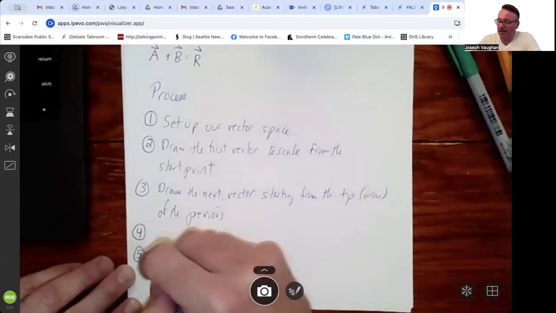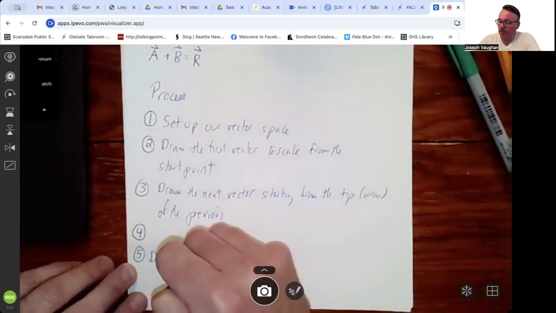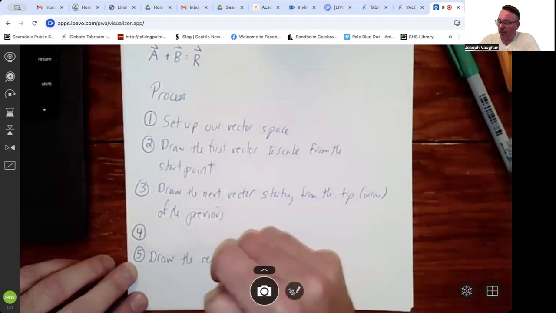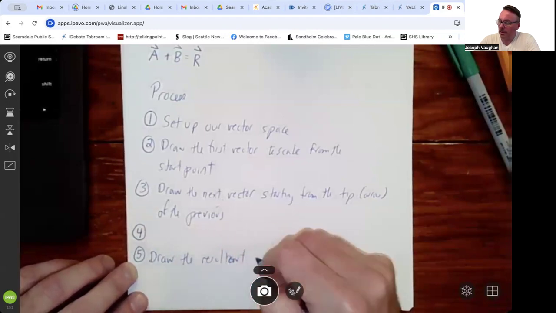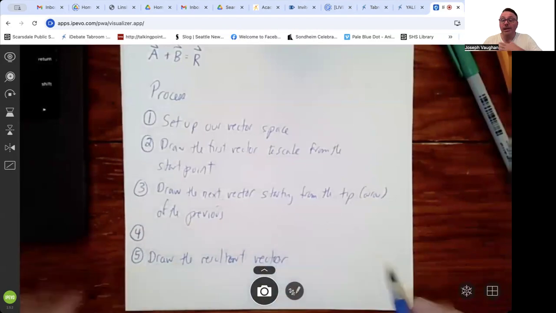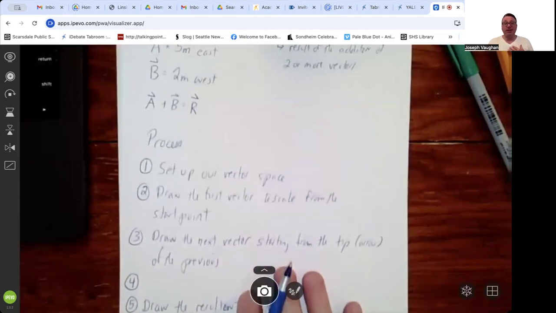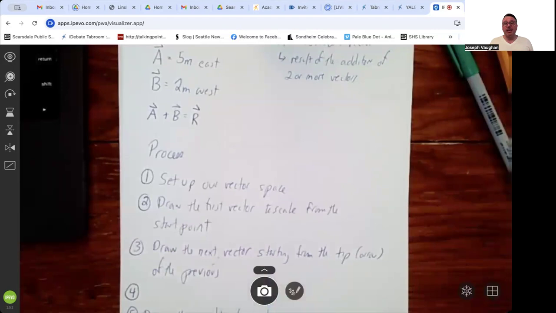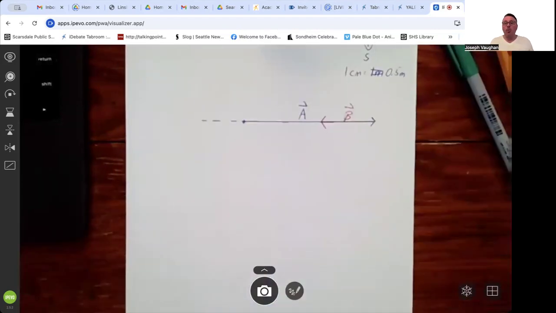So step 5 is I want to draw the resultant vector. Now we know, based on this very simple problem, what we want is a 3-meter east vector. So it's going to be a 6-centimeter long vector that points to the east. And if I look at this drawing, where is that?